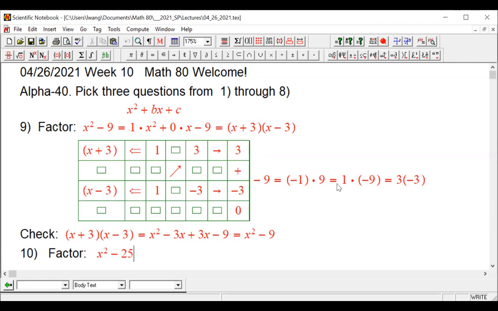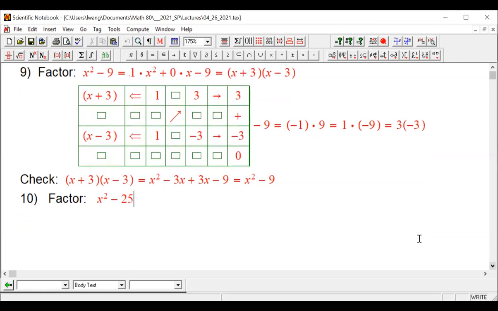Okay, I'm gonna give you a couple minutes to work on this, just to get the hang of it. And after this, I'm gonna give you another perspective because this is related to a special formula. So keep trying that.